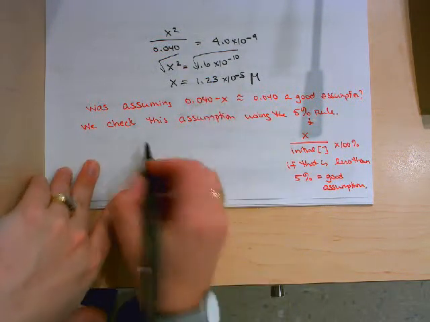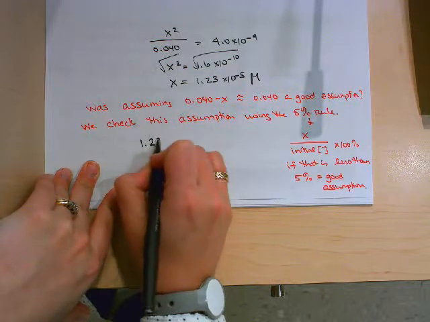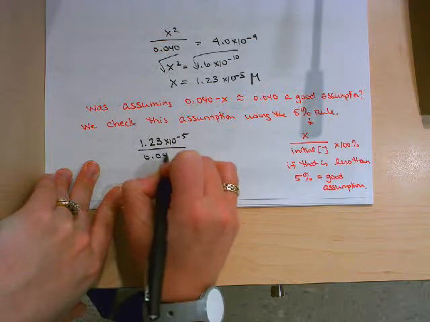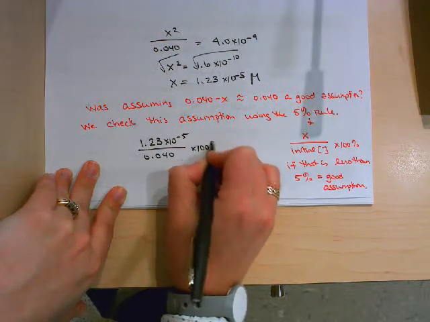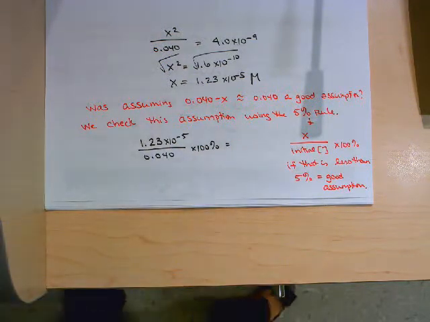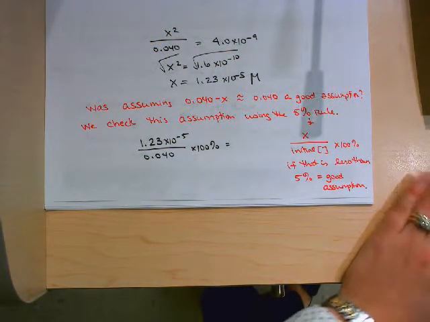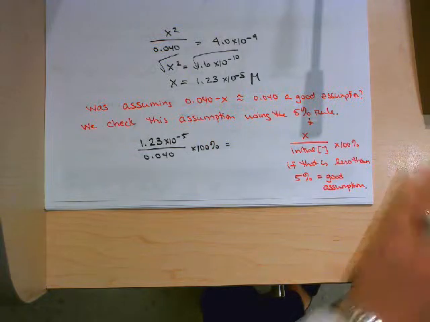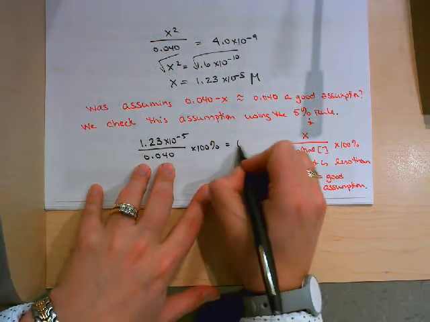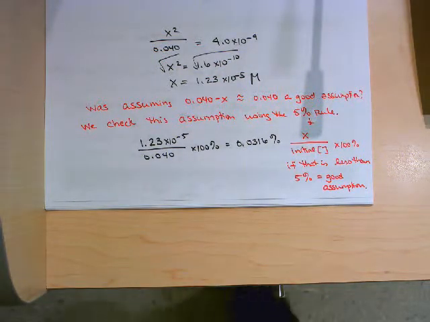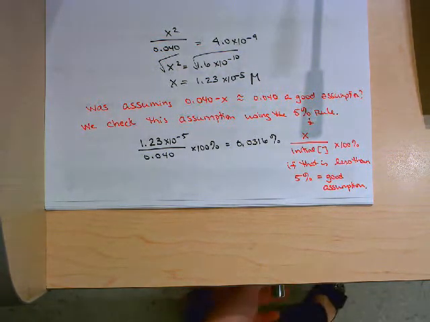Alright, so we got this value for x. If I remember correctly, this number is way less than 5%. 0.03%.